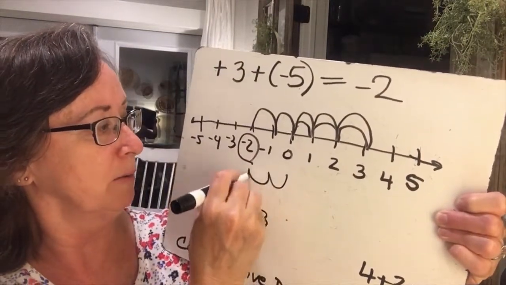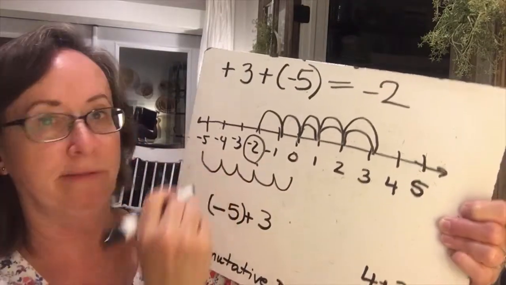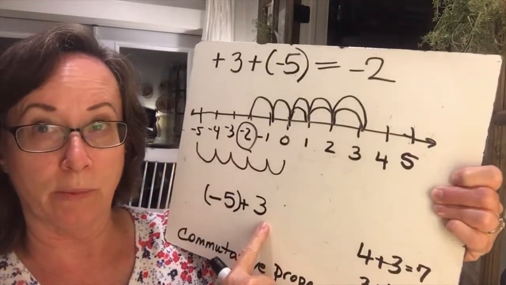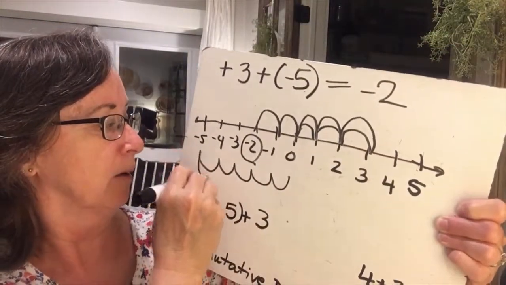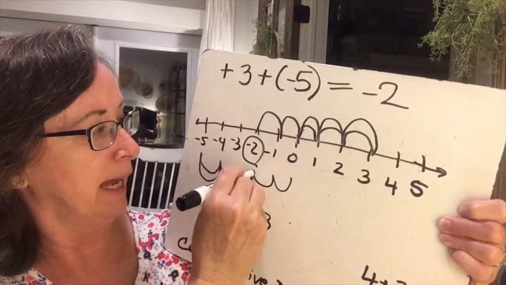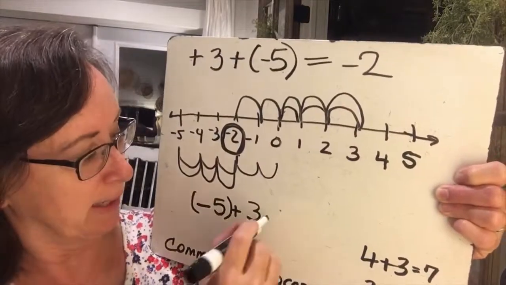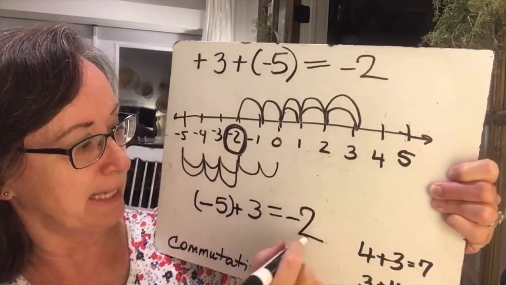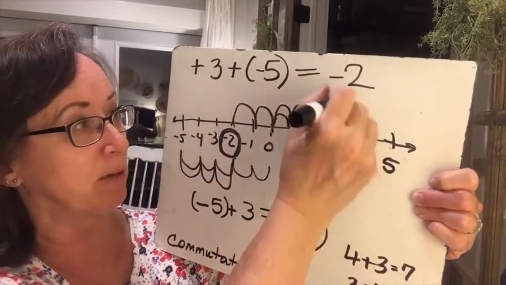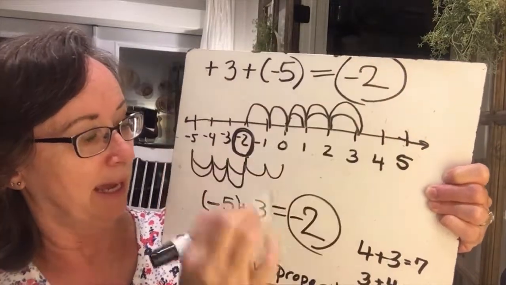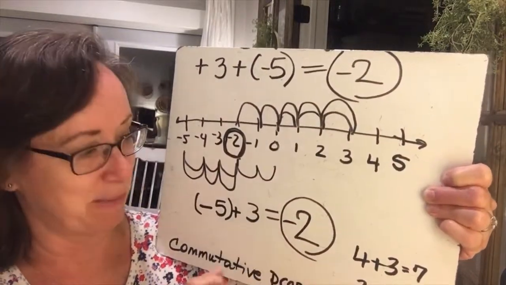So 1, 2, 3, 4, 5. And now we're going to go forward 3 steps. 1, 2, 3, and where did we wind up? We wound up at negative 2 again. Well, that makes sense because we wound up at negative 2 last time. And now we have negative 2 this time also.